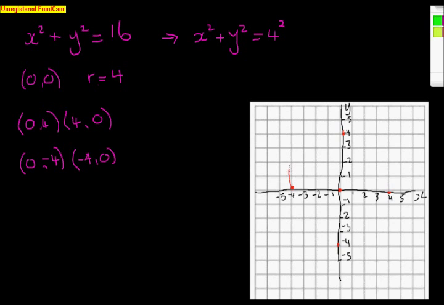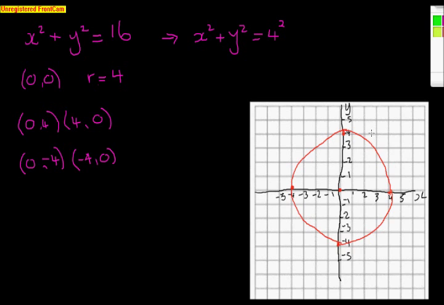Once we've got our points, we can try to draw a nice curve. You wouldn't actually believe that I practiced this today. And we should have some resemblance of a circle.